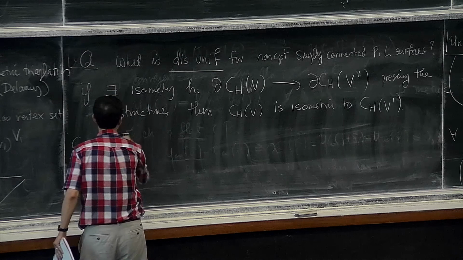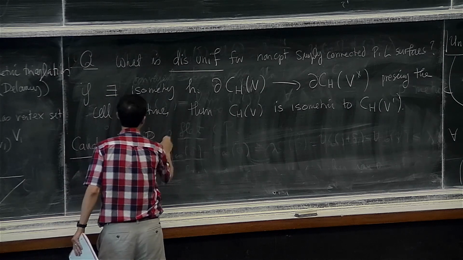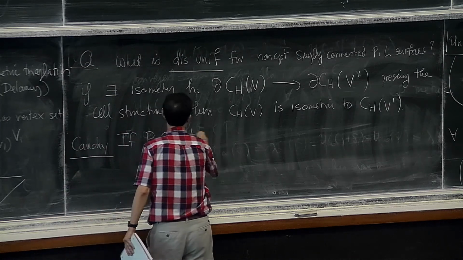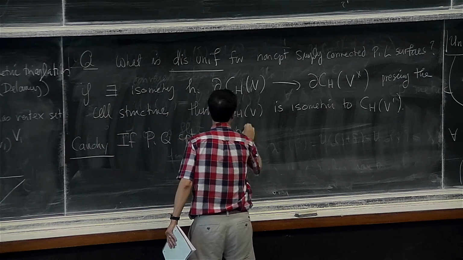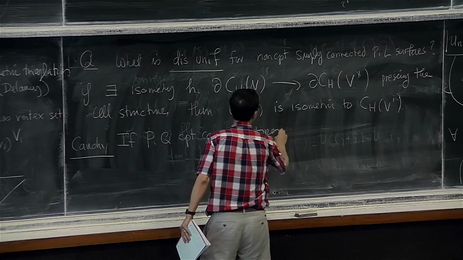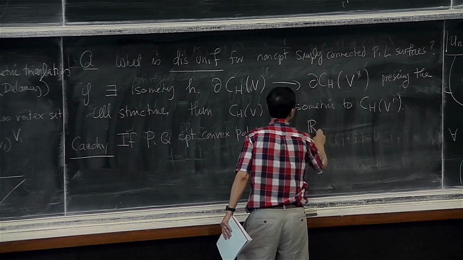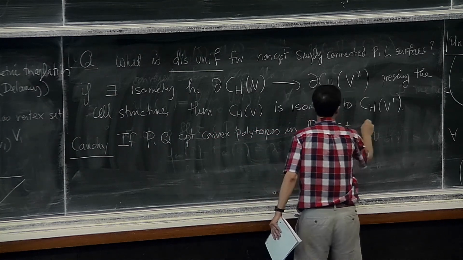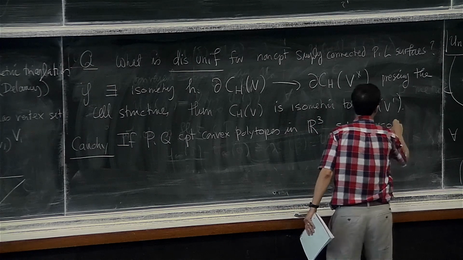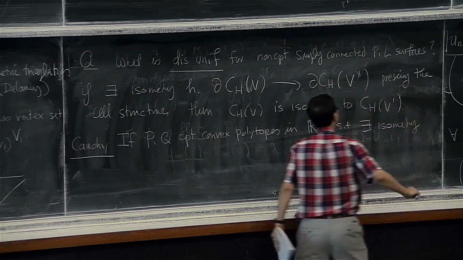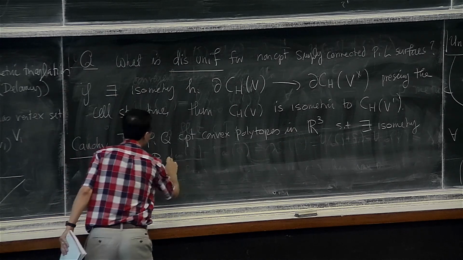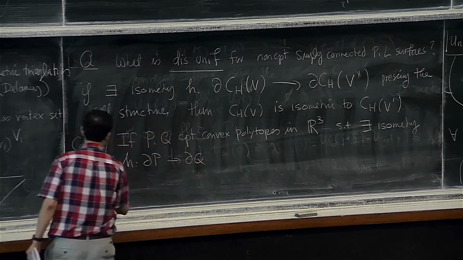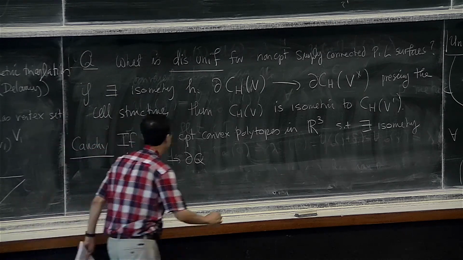So if P and Q are compact convex polytopes in three-dimensional space such that you can find an isometry H from the boundary of the convex body to the boundary of the convex body, preserving the cell structures.